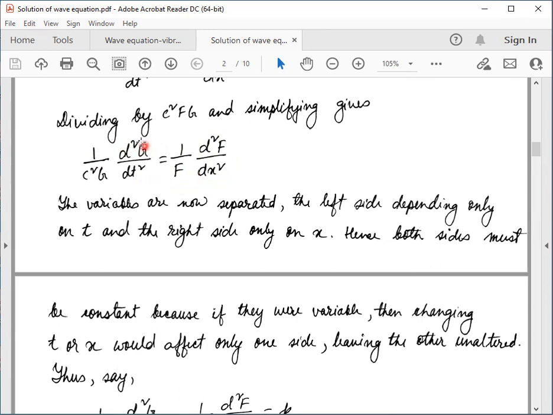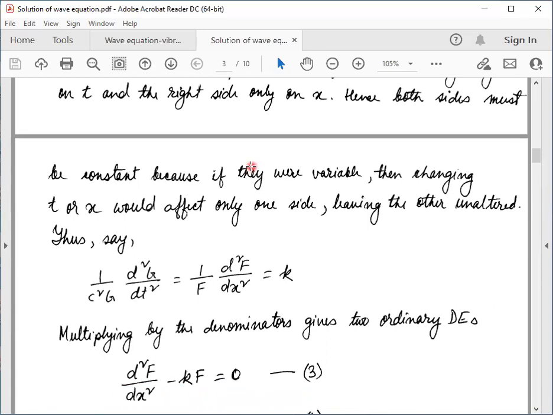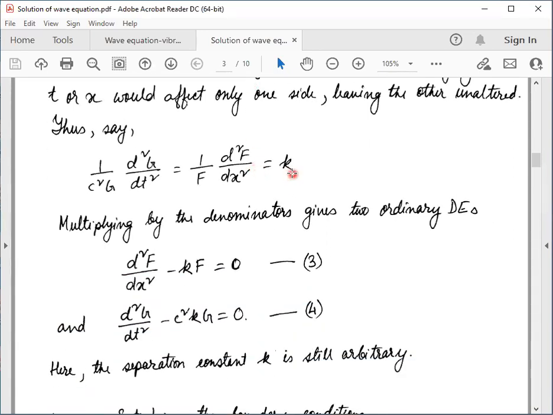So if I change only t, it will change only the left hand side while keeping the right hand side constant, and that is not possible because these two should be equal. So both sides should be equal to a constant, and let us call the constant k.